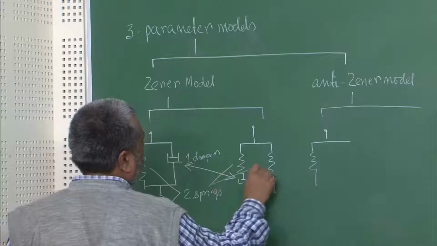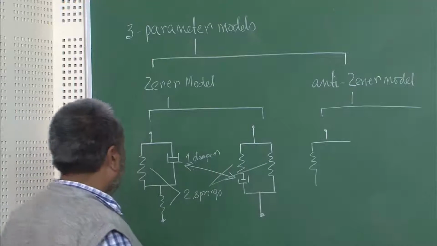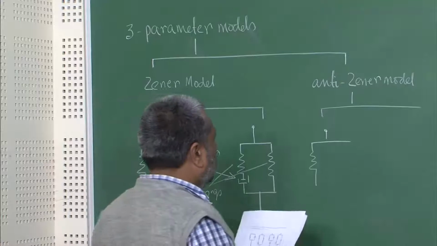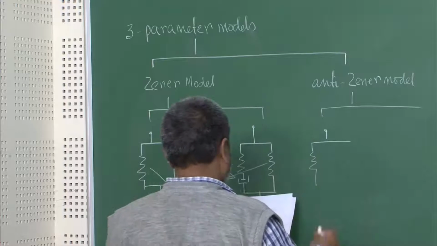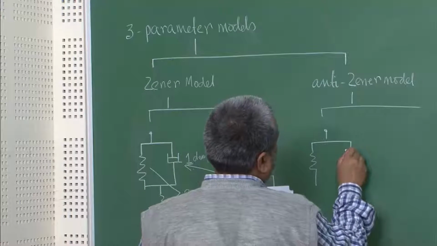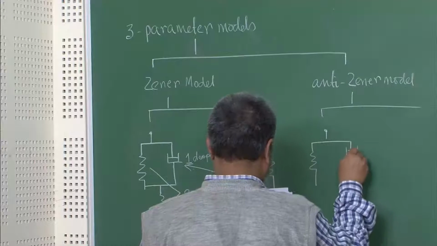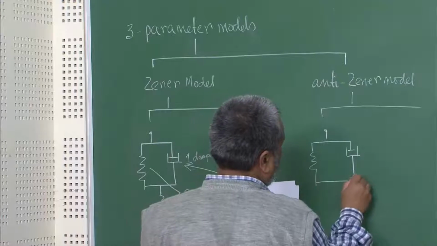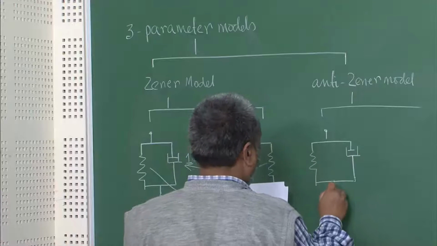However, in the anti-Zener models, we will use two dampers and one spring, just the reverse. That is why it is anti-Zener model.